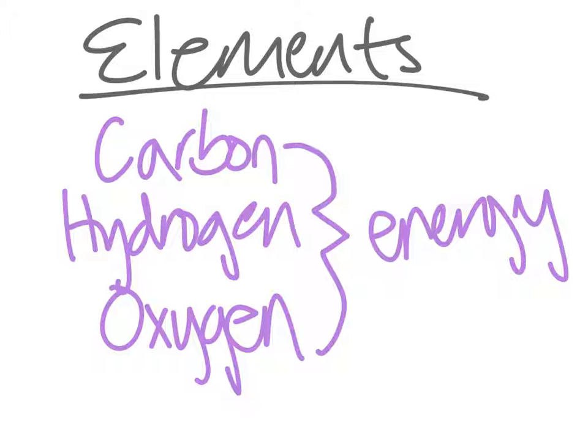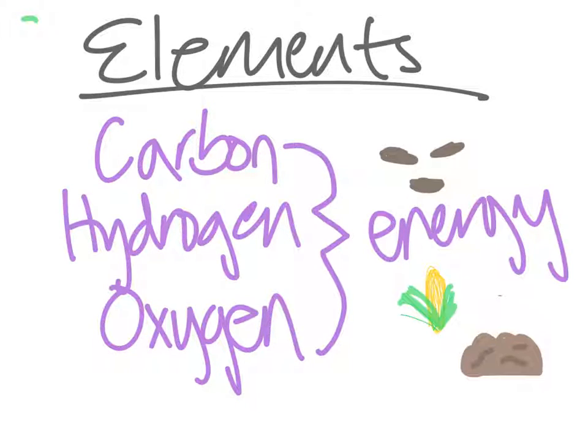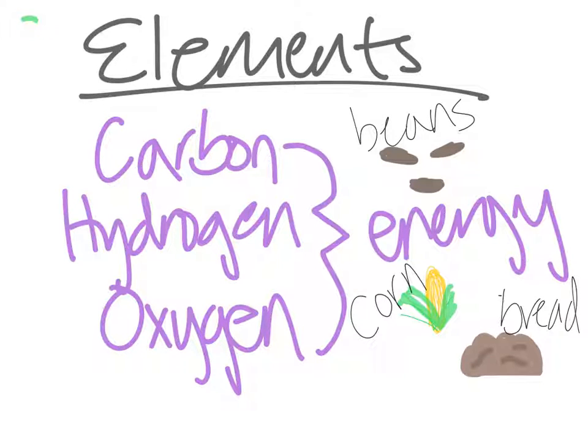Some examples that you can find are bread, which is full of the most carbohydrates, corn, and beans. What bread, corn, and beans also all have in common is that they are very high in starch, which is why they're carbohydrates.